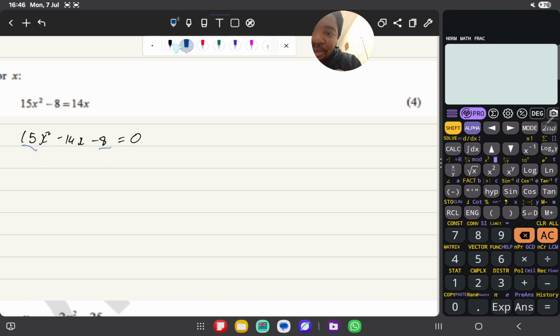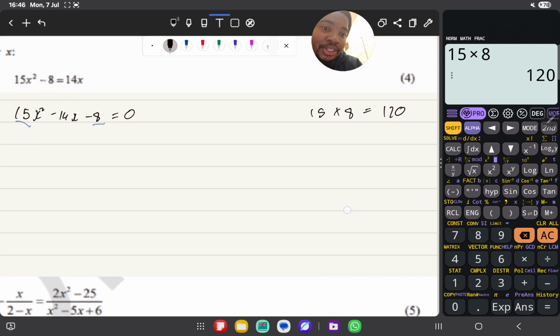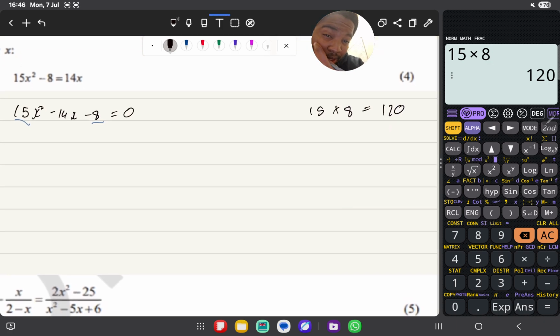We multiply the numbers together: 15 times 8 equals 120. Then we look for factors of 120 that give us 14 when we add or subtract.